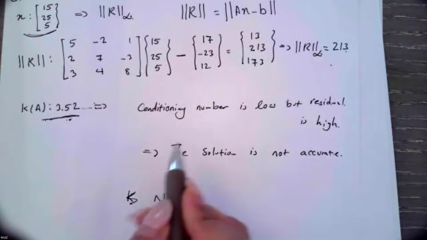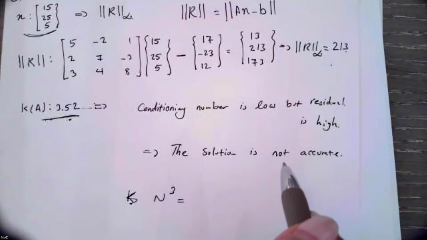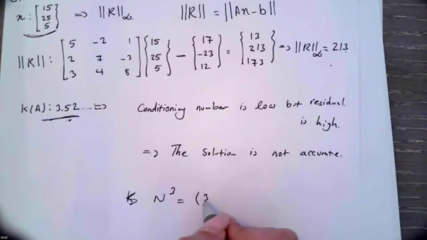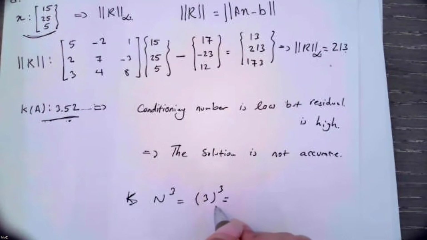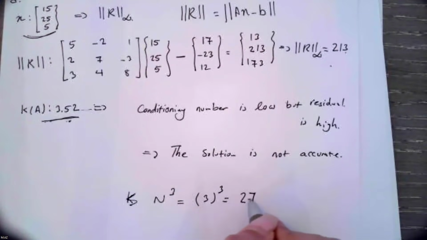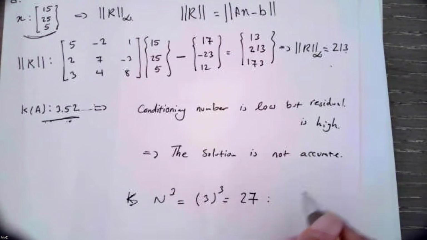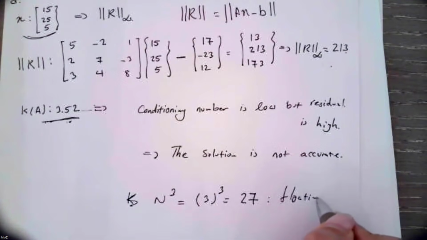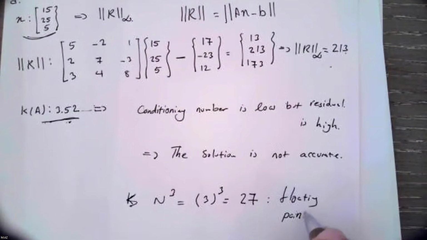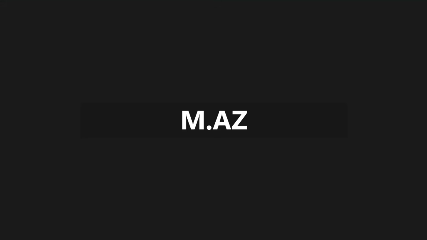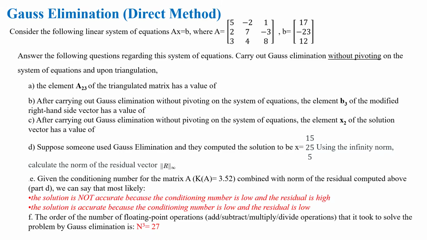For example, for these problems, we have three linear equations, so the value of N is 3. 3 to the power 3 is 27, which is the total number of floating point operations for these problems.